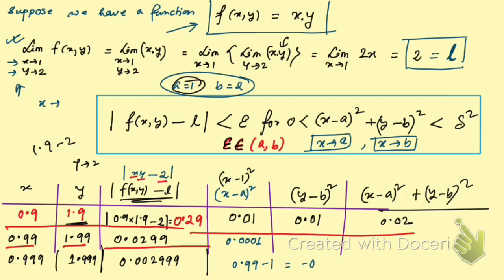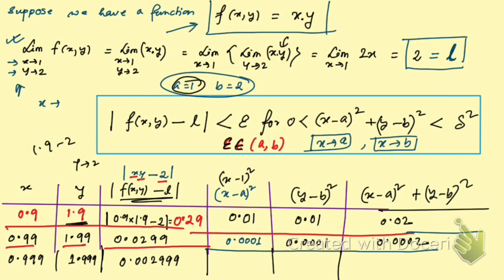So hope you have understood how to calculate these kind of things. So here also we're going to get 0.001, so then it's going to be 0.002. Similarly, in the next row, we're going to get 0.00001, here also 0.00001, and here 0.00002. That's what we have got.